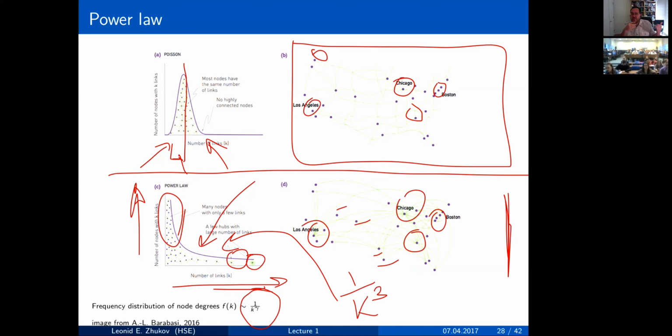The majority of people have very few followers. And so if I calculate how many people have a few followers, there will be a lot of those. And if I calculate how many people have very many followers, there'll be just a few of those.